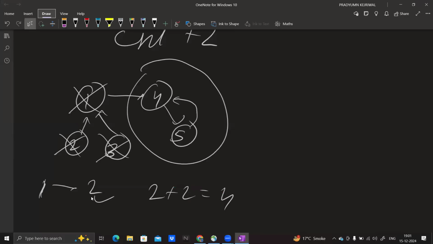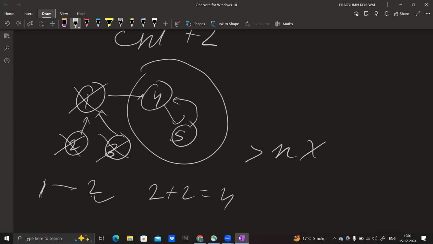And also in each iteration, we are deleting at least one node. Like we are doing this until there are no nodes with degree 0. And in each iteration, we are deleting the nodes with degree 0. So my point is that in every iteration, we are deleting at least one node. So there can't be more than n iterations.